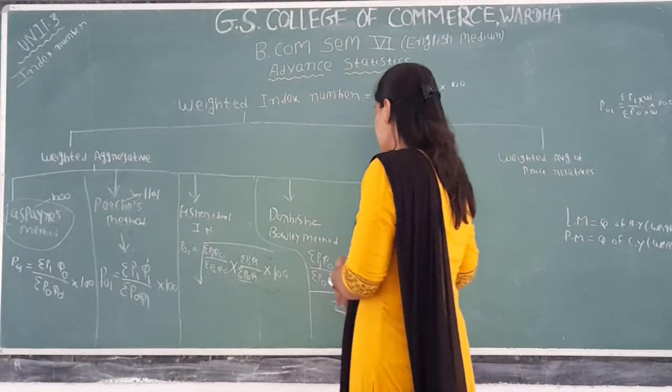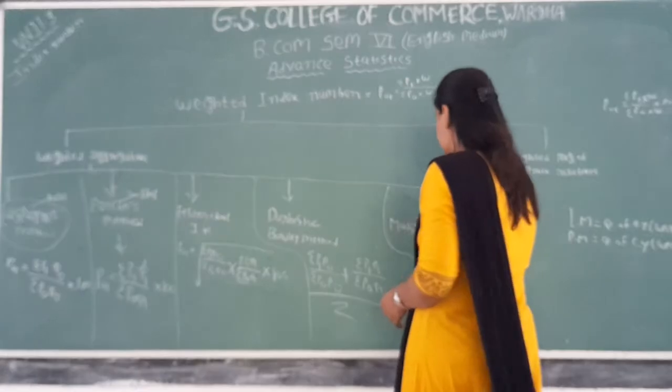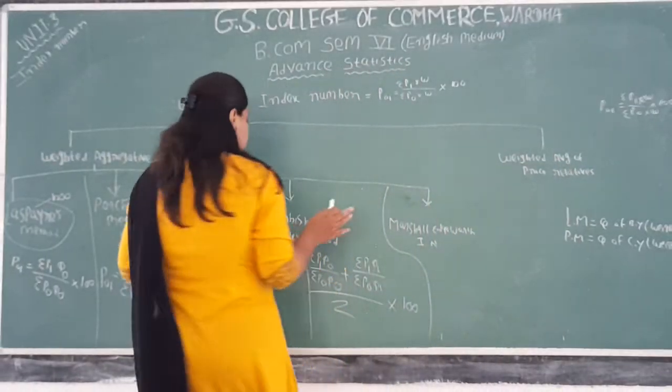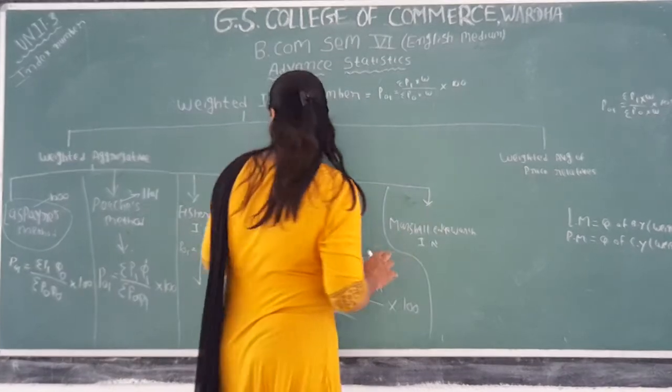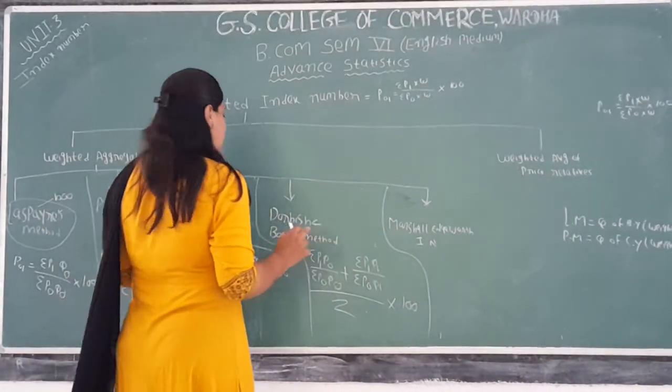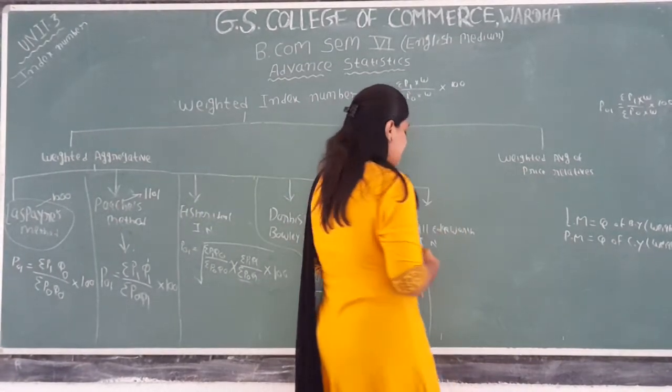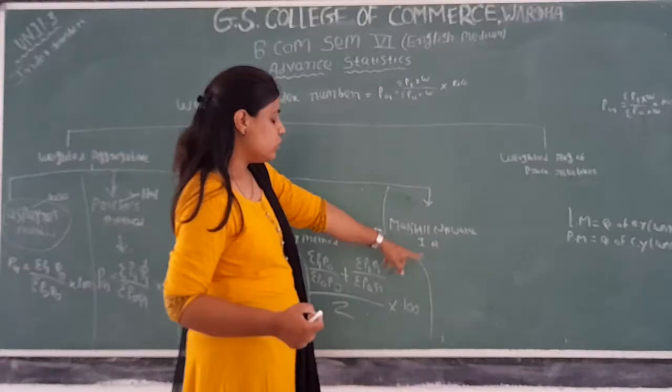So it is done. After that we have the last method, that is Marshall and Edgeworth index number. So here as well we use the formulas of the Laspeyres method and Paasche's method. What is going to be the formula to calculate index number in case of Marshall-Edgeworth index number?